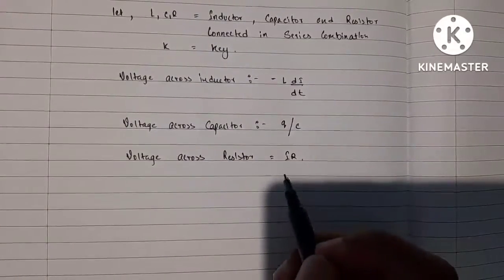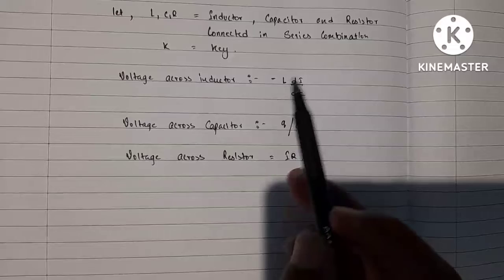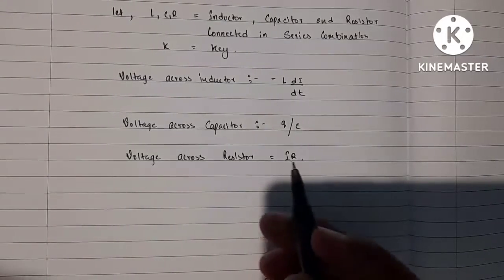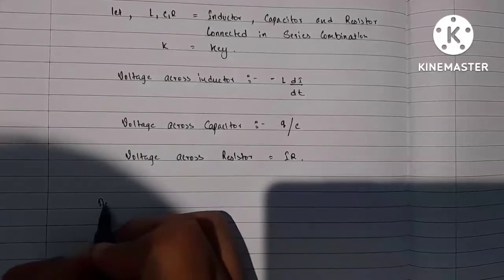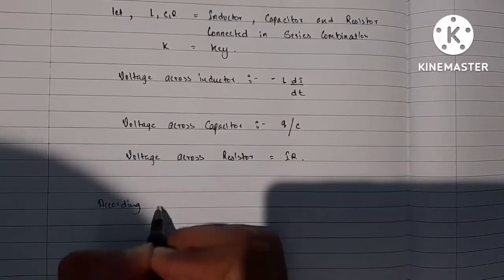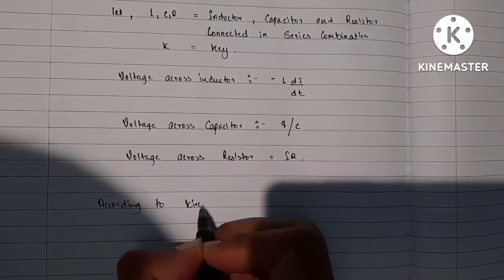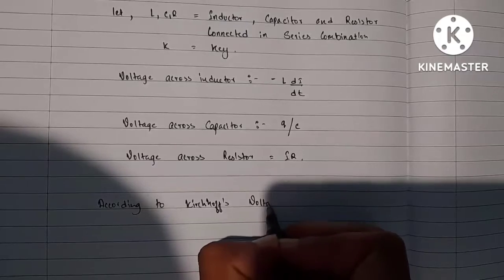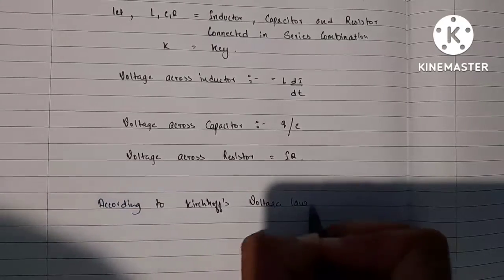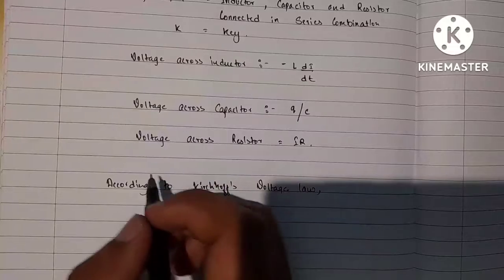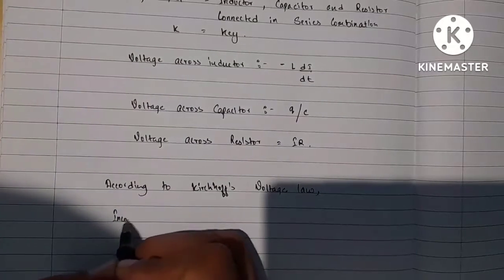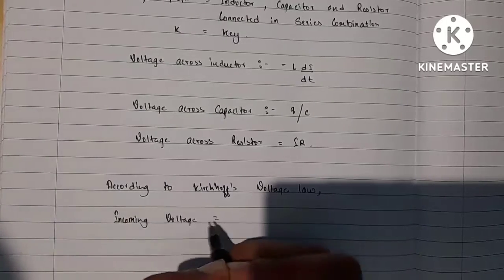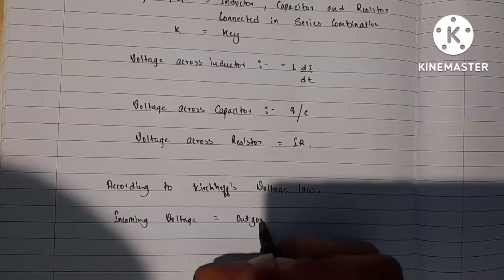Now, to know the total voltage in the circuit, we will use Kirchhoff's voltage law. According to Kirchhoff's voltage law, incoming voltage will be equal to outgoing voltage.